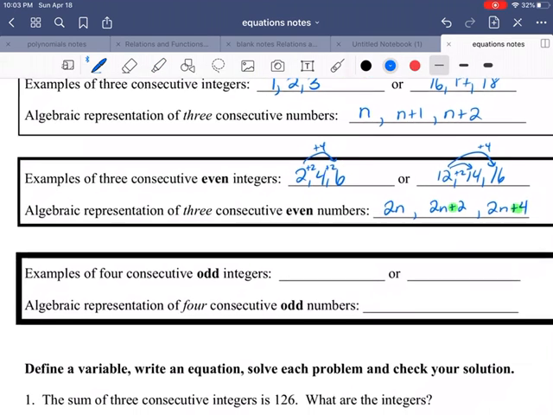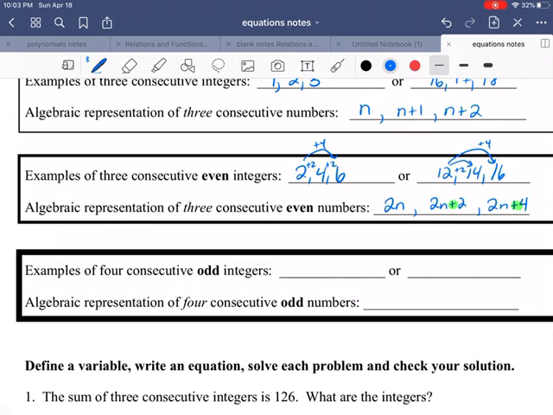All right. Now, odd numbers. I don't know why that says 4, but we'll go with 3. 3 consecutive odd numbers. So for example, 3, 5, and 7 are odd numbers, and 21, 23, 25, those are also odd numbers. Now again, how do you make a number odd?